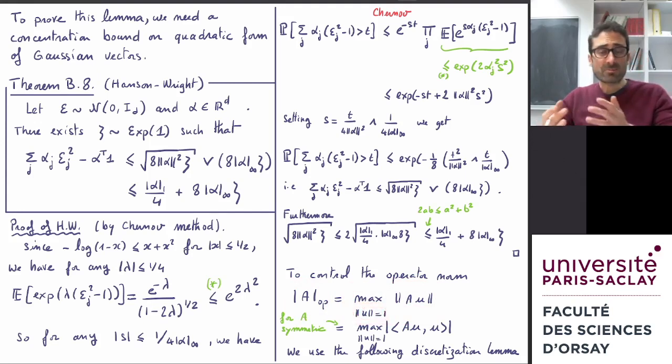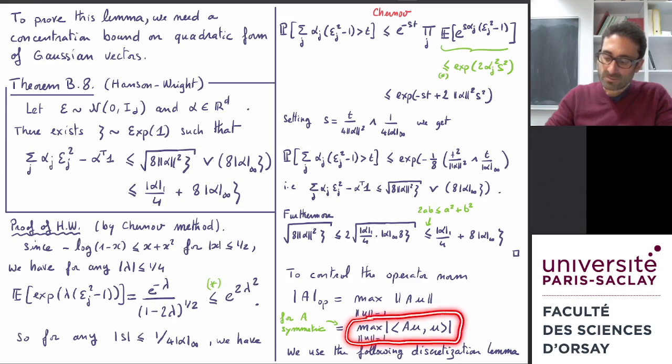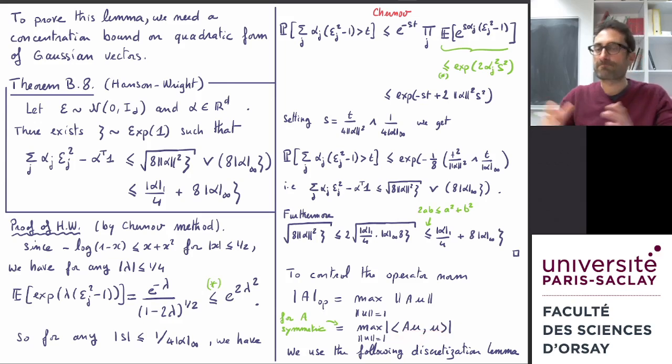But it turns out that we will consider matrices that are symmetric. And when a matrix is symmetric, it is also given by this formula, which is the maximum over all the U on the sphere of the absolute value of the scalar product between AU and U. This is a very simple result that you can check by yourself if you have not already seen it.